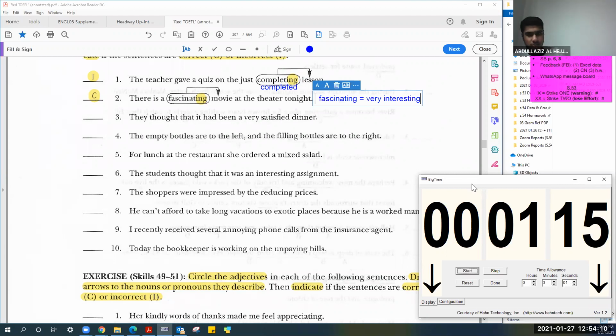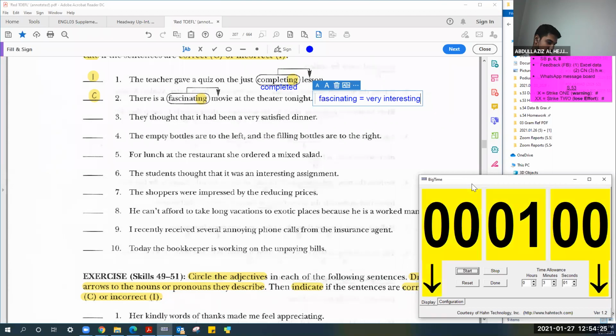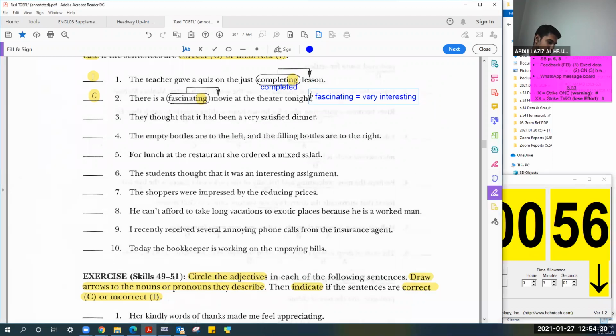One minute, 15 seconds. One minute. Forty-five seconds.